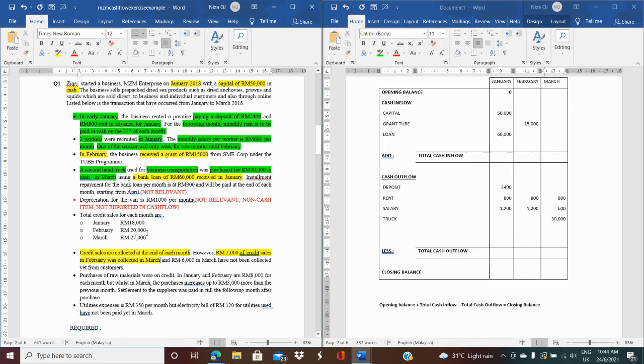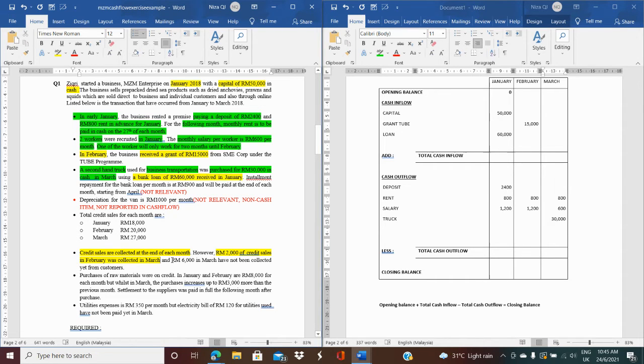Okay, so what is actually the amount of sales that will be received in March? You will have to deduct 2,000 from 20,000 to get the amount that will be collected in March. And then in March, RM 6,000 have not been collected yet.